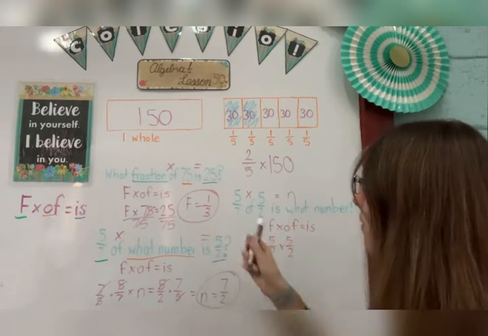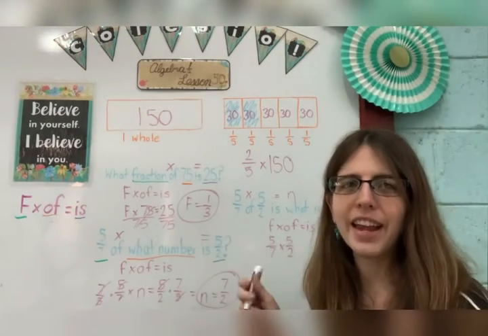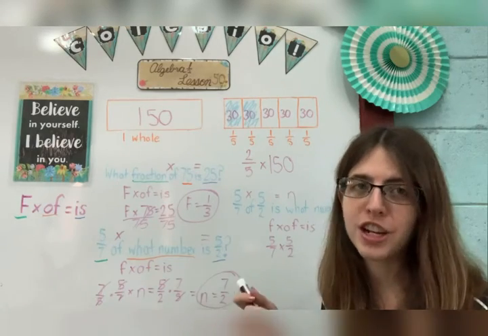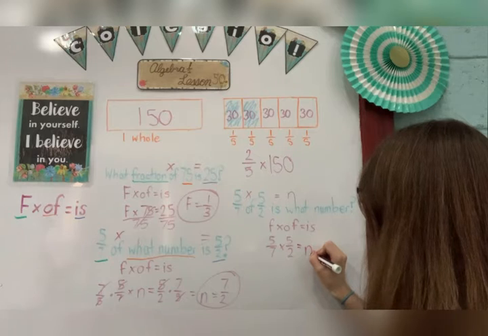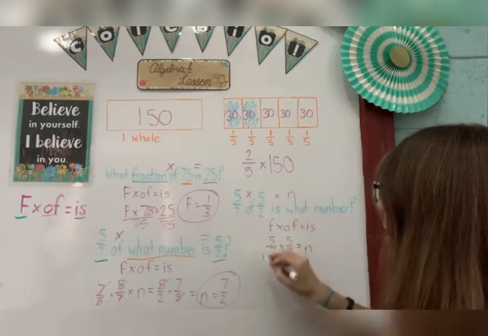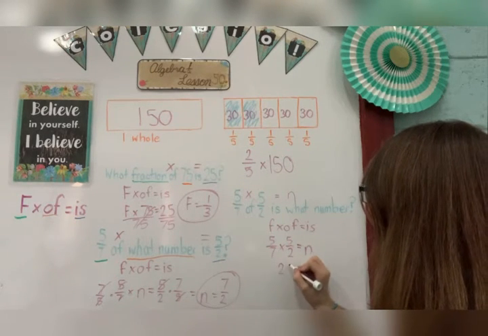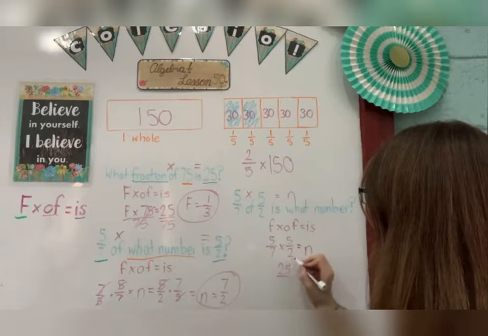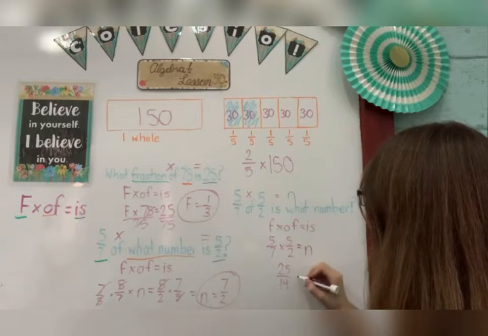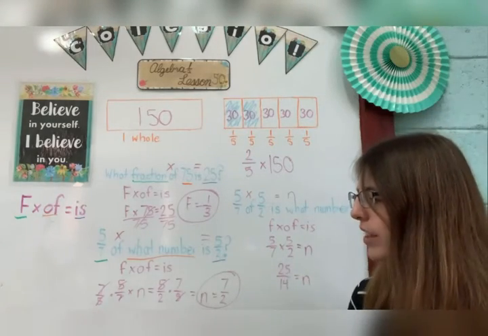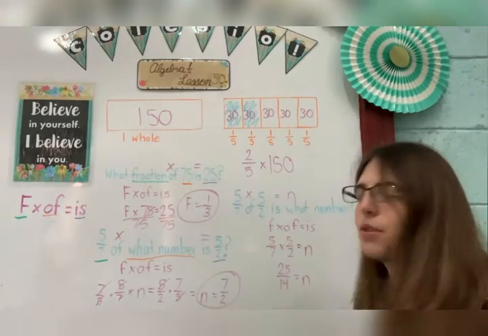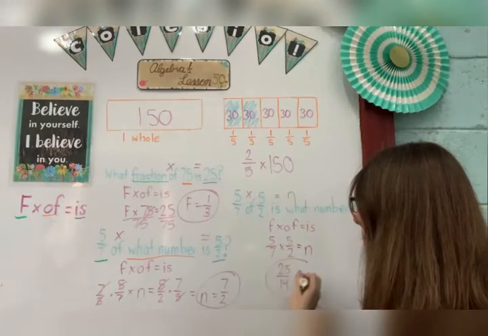So notice that, by the way, the fraction is not necessarily the only fraction in your problem. Is what number? I don't have to flip-flop or do anything. I can just straight up multiply. 5 times 5 is 25. 7 times 2 is 14. So 25 over 14 equals n. And there you go. That's your final answer.